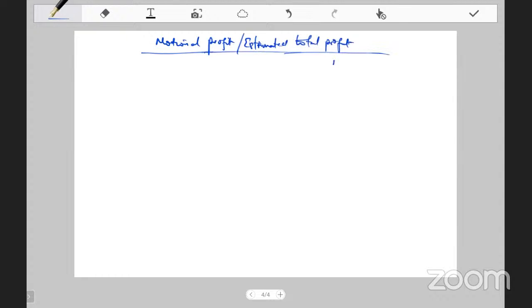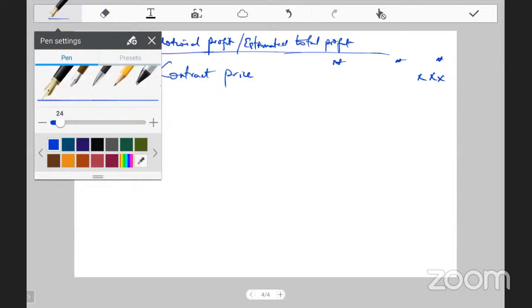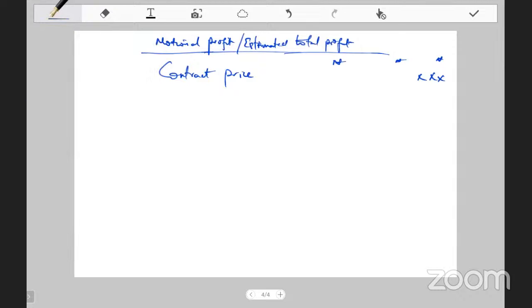This is comparing the following information. One, we need the contract price. The contract price is the total sum at which the contract is quoted. And this will be compared with the following information. One, we have cost to date.